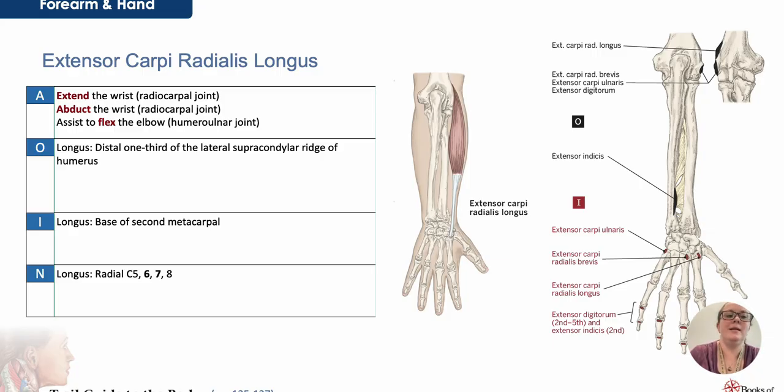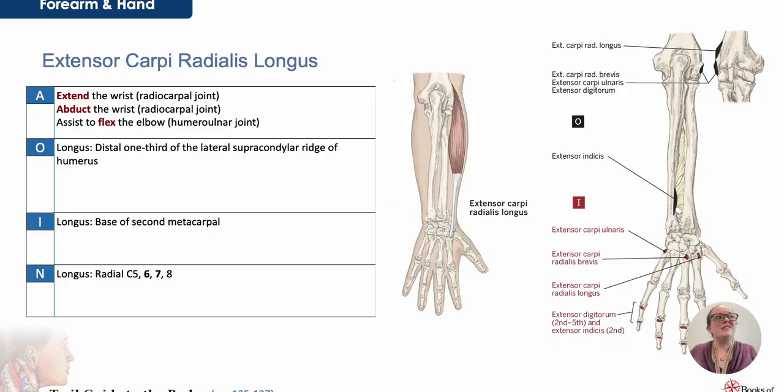Extensor carpi radialis longus. The first thing that you know that it does, it extends. So if it extends, it's probably on the hairy side of your arm. And it is. It crosses the carpi, so the radiocarpal joint. And it's a longus. There's usually a longus and a brevis. A longus is the long version that's around the same area, and the brevis is the shortened version of that muscle.